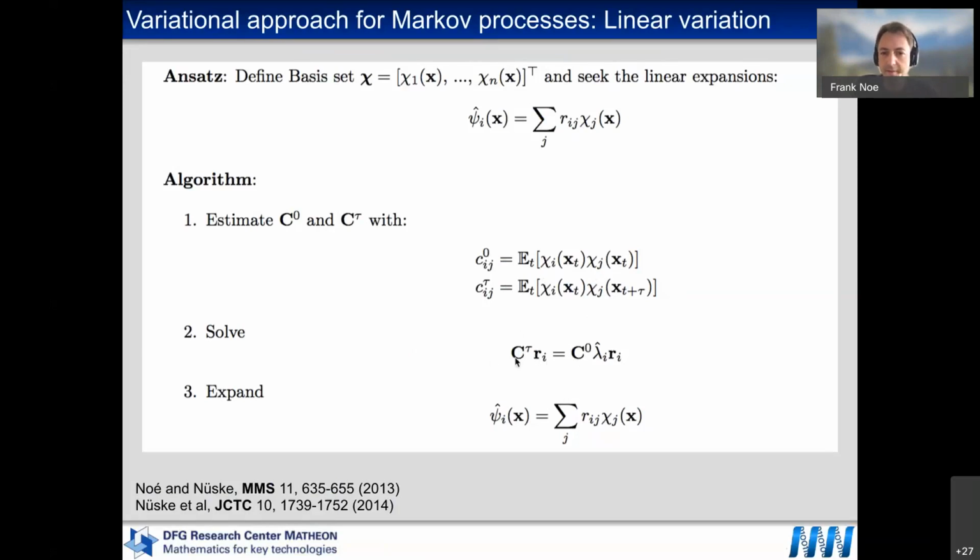And then the eigenvectors of this eigenvalue problem are our coefficients. They tell us how our molecular features should be combined to give the best approximation of the slow processes. And this is then the space of slow processes. So that's the space in which we can build a very nice Markov model.